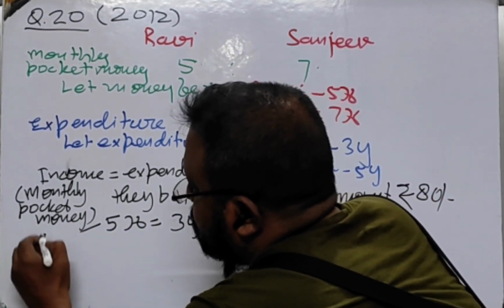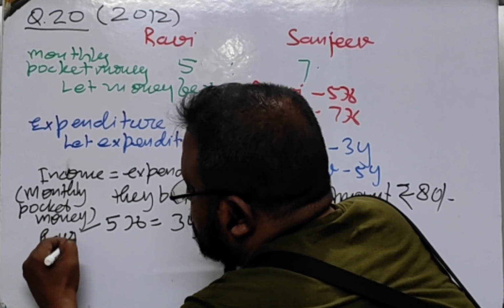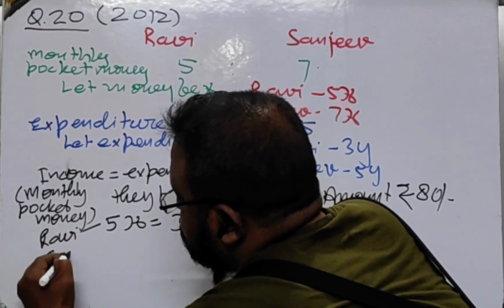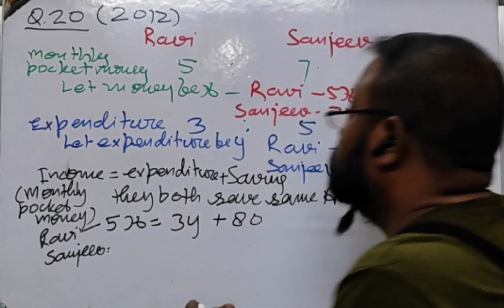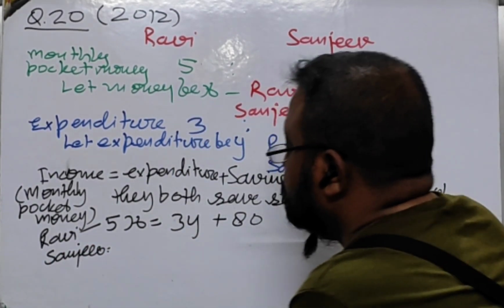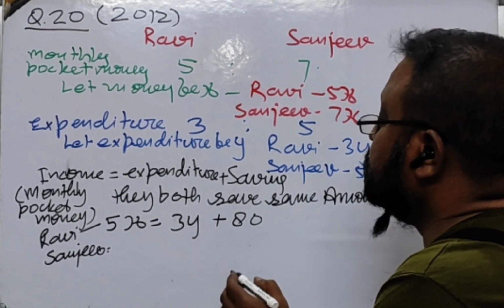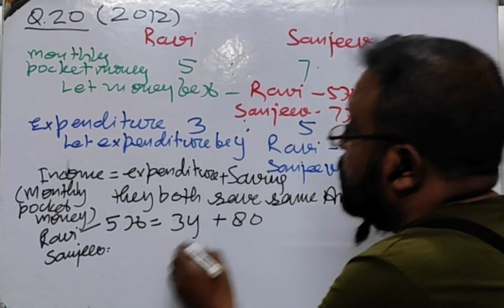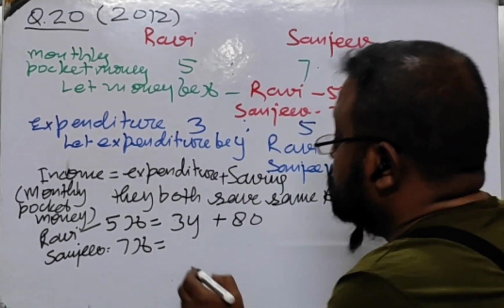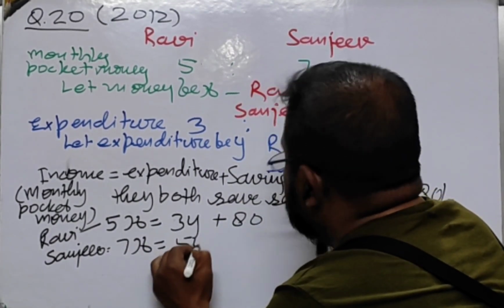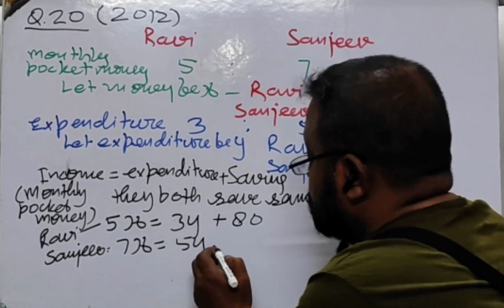And for Sanjeev it is 7x equal to 5y plus 80.